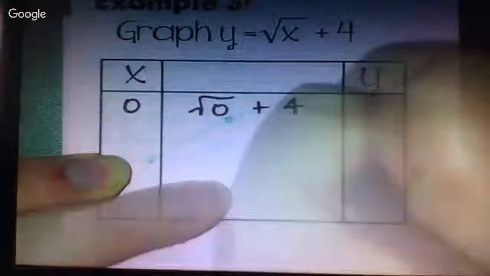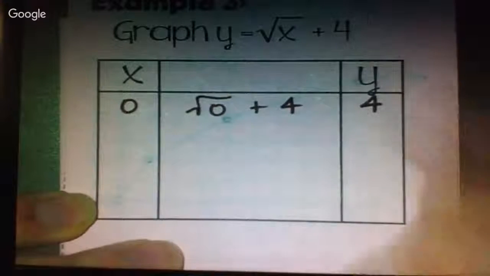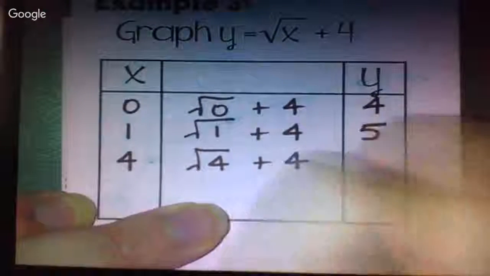So again, we plug in 0. I get the square root of 0 plus 4, which is 4. I plug in 1: the square root of 1 plus 4. I plug in 4: the square root of 4 plus 4, 6.